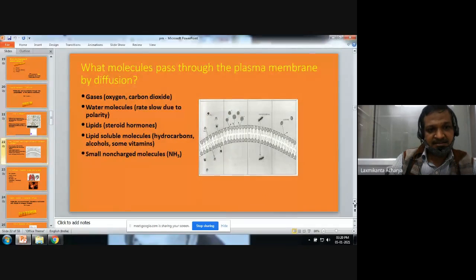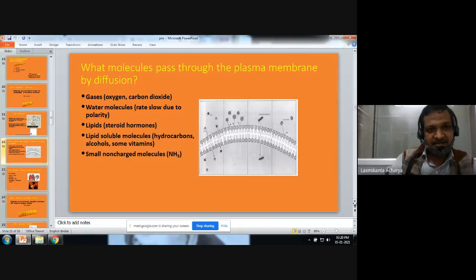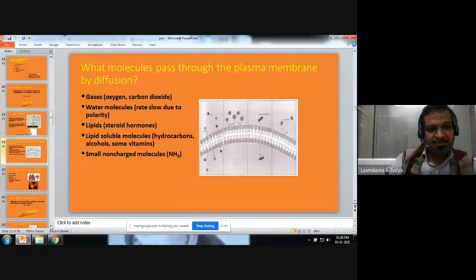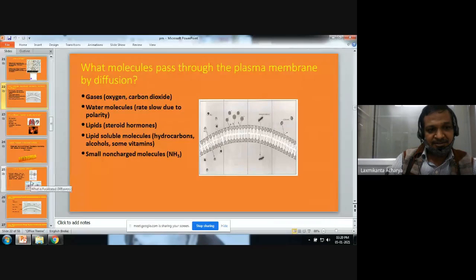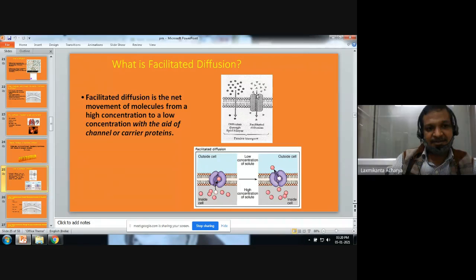Channel proteins have open pores, while carrier proteins do not have open pores. Very good. So you see, carrier proteins bind specific molecules that are to be transported to the other side of the membrane.